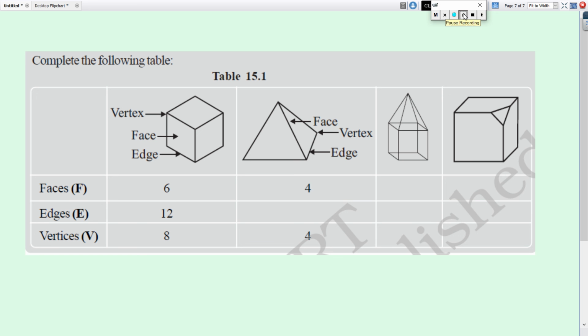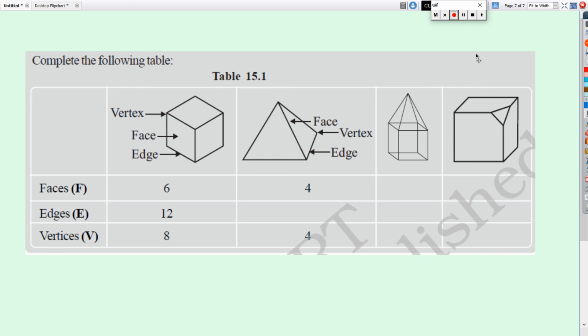Here in the last figure, this also will form a face. So write its number of faces, edges and vertices. Faces we write as capital F, edges E and vertices V. So do complete the table.